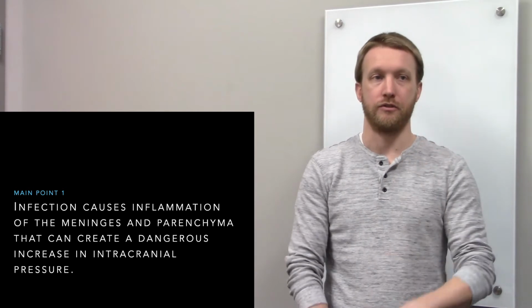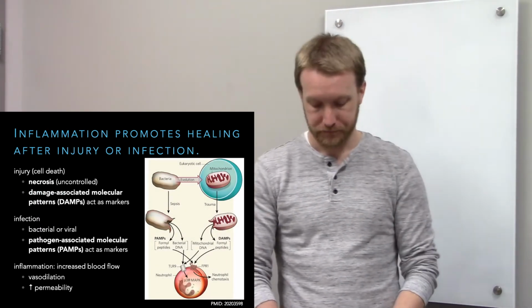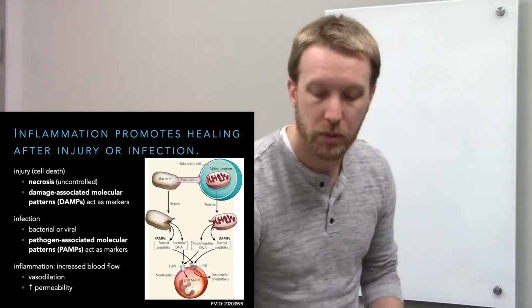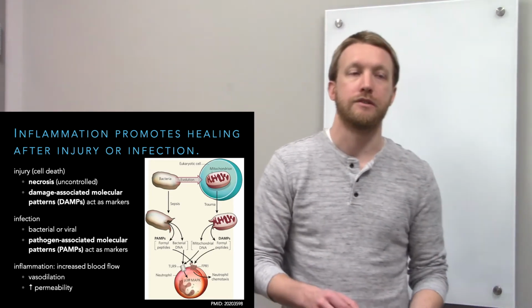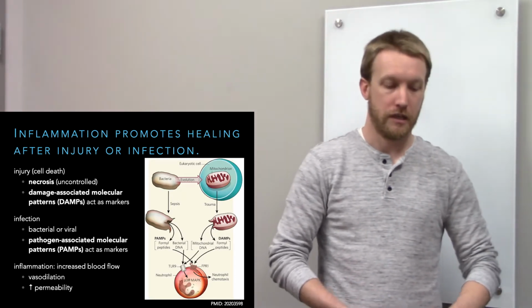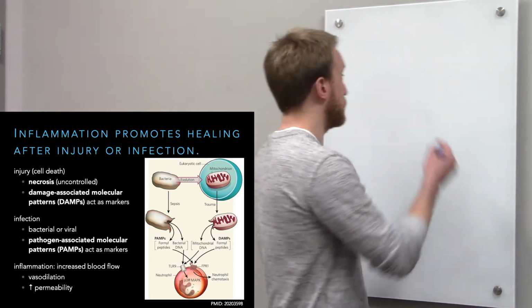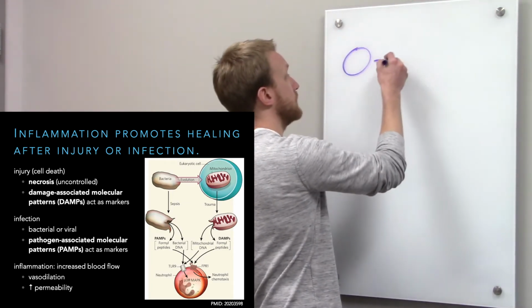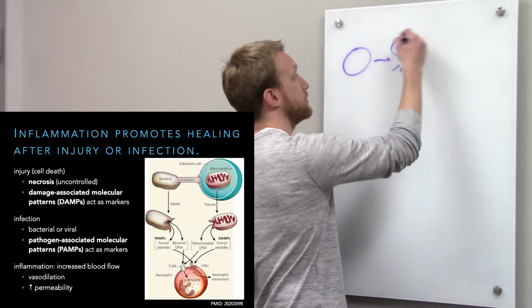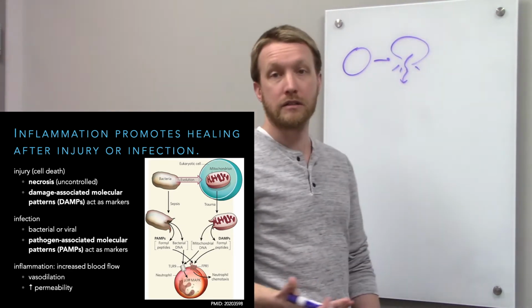That one's not new. Alright, let's review inflammation a little bit. So, the whole purpose of inflammation is to clean up some kind of injury. Now, this could be actually an injury. It could be cell death, for example. So if a cell ruptures open, well, the contents that were inside are now outside.